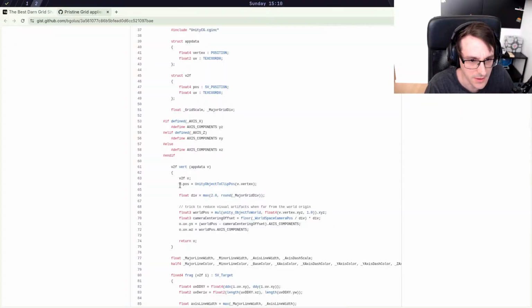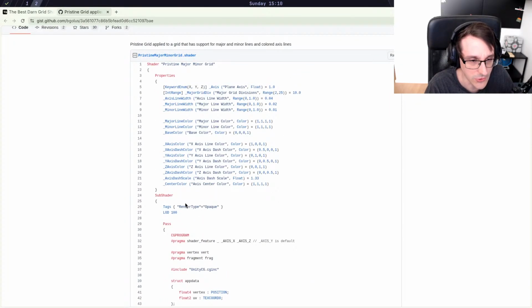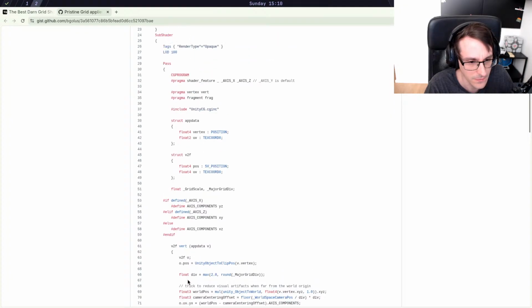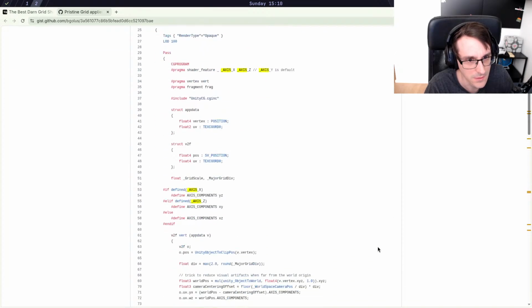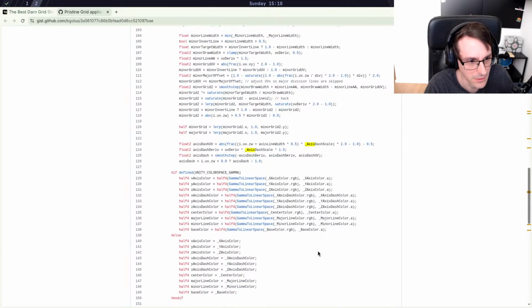The thing is, he uses a macro, which we would most likely not do. But then again, it's a little bit weird that you have this axis here, which confused me a little bit.